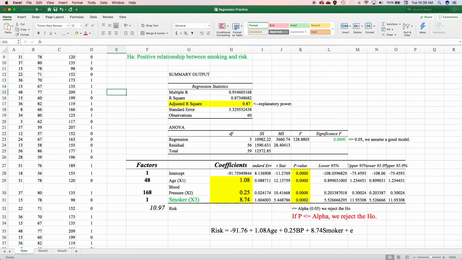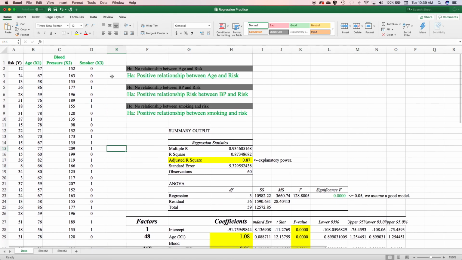Each of the p-values are less than alpha, so we can reject the null hypothesis on all three. The hypothesis that said that there's no relationship is rejected, so we see a positive relationship between age and risk, a positive relationship between blood pressure and risk, and a positive relationship between whether you smoke and your risk.